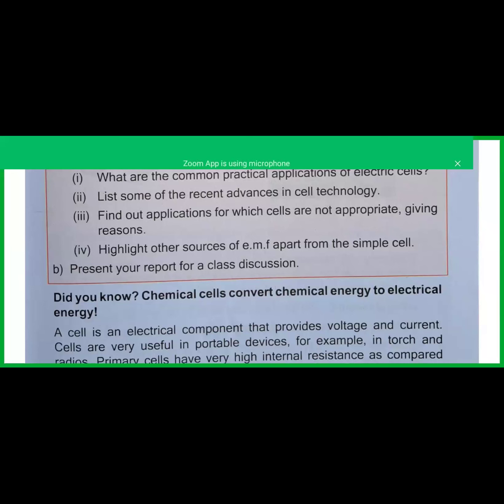Okay, photodiodes, that's okay. But still on transformers, can someone throw more light? Because what we know about transformers is they can increase or reduce electricity. But as a source of EMF, if someone can throw more light for the rest, it would be good.